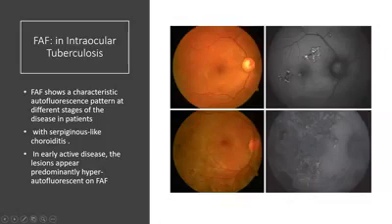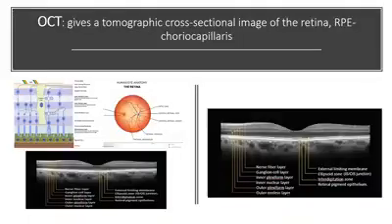Now, the OCT is another imaging modality, and I think it is one of the revolutionary imaging modalities, and it can give us very nice details of all the layers of the macula. And again, what is the advantage of the OCT? It is a very informative, non-invasive cross-sectional imaging of the macula.